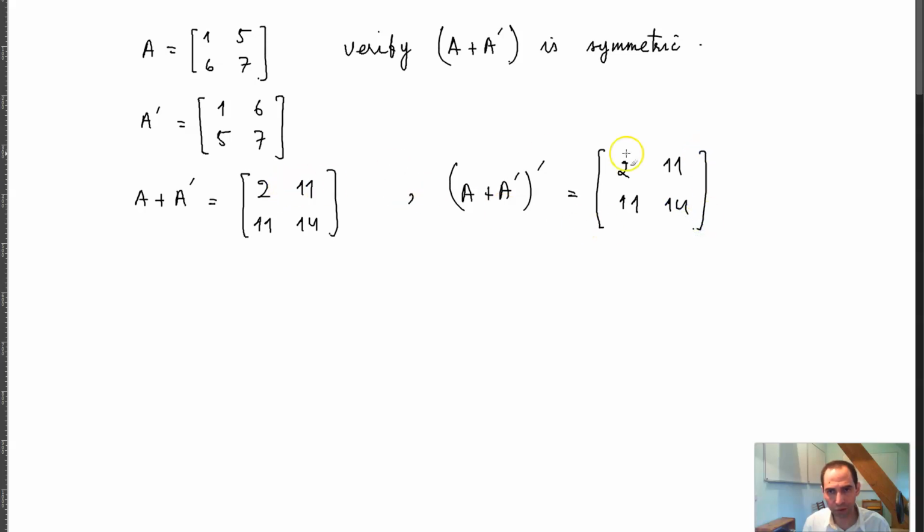And you can see that A plus A prime is equal to A plus A prime, whole prime. Therefore, A plus A prime is symmetric.